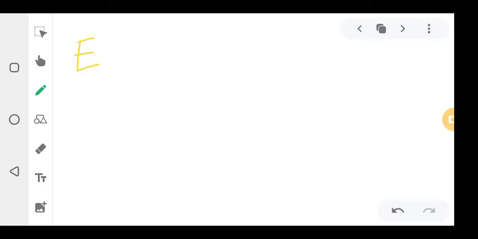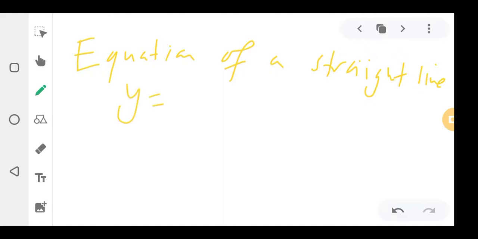Not the final. The final equation is last. So now you write the equation of a straight line. What do you do to write the equation of a straight line? It's written as y is equal to mx plus c.